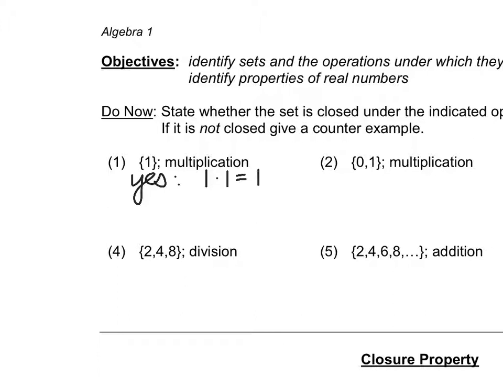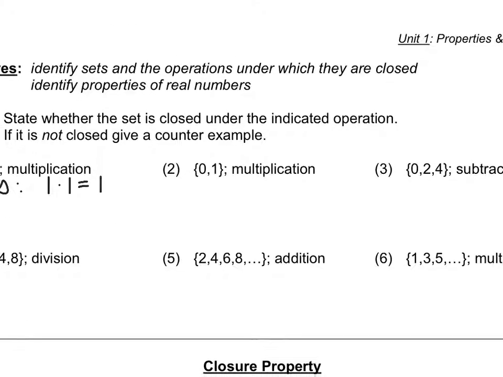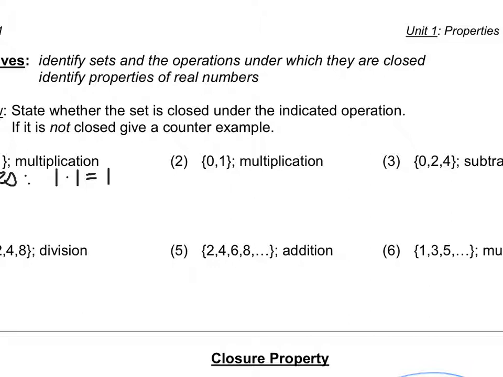All right. So how about number 2? Under multiplication, is the set of 0 and 1 closed? We're saying yeah? All right. Now, the yeses can get out of hand pretty quickly if you start listing examples.